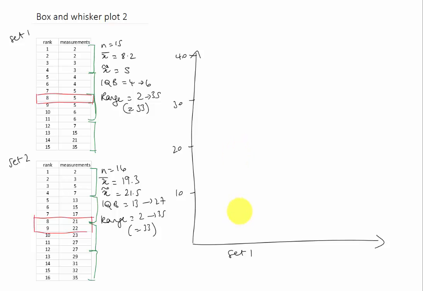So that's 5. That's down here. Something like that. Let's have the boundaries, which are 4 and 6. This is quite small, so there's my box. I'm using those to draw my box, and then the edges of the range are 2, about here, and 35, which is all the way up here.